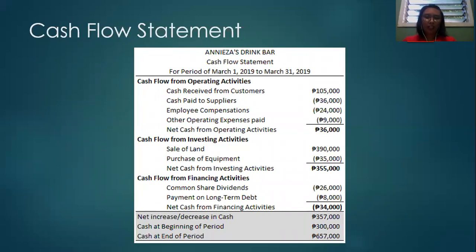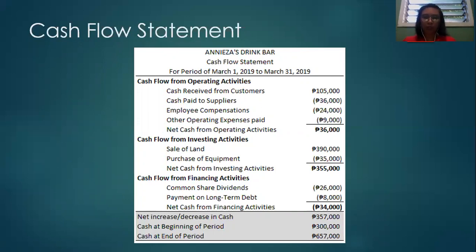And then the last part would be the indication of the net increase or decrease in cash, the cash at beginning of period, which is usually already provided for the problems being given to you, and the cash at end of the period, which is either a sum or difference of the net increase or decrease and the cash at the beginning of period.